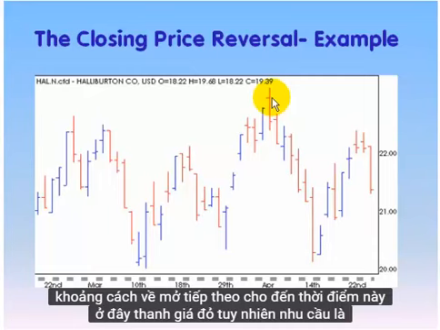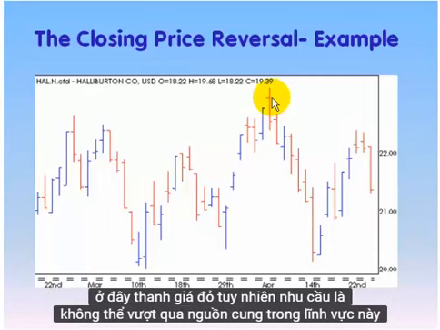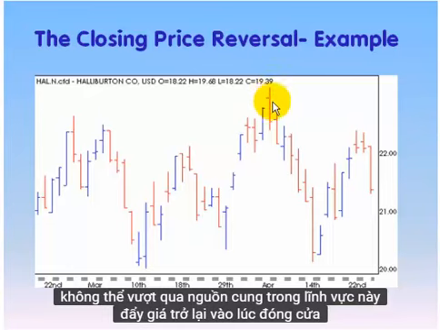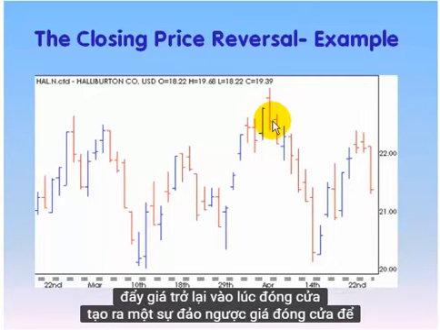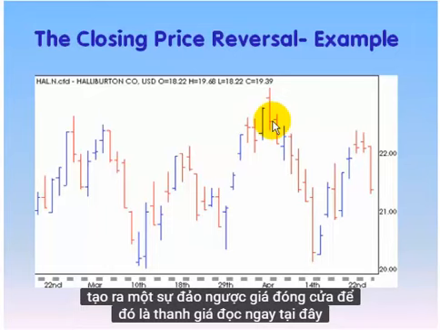However, demand is not able to overcome supply in this area, pushing price back down at the close, creating a closing price reversal. So that's the red price bar right here at the arrow.